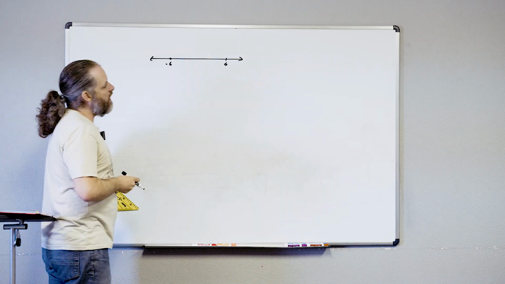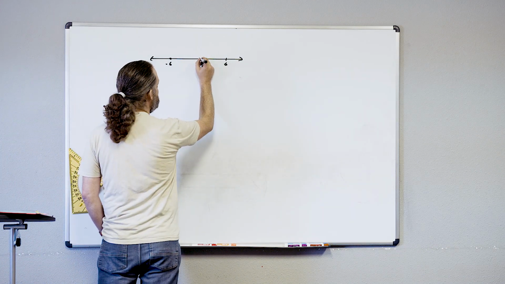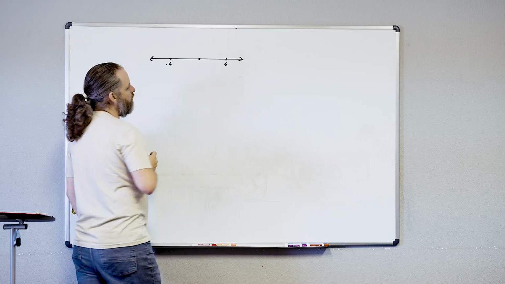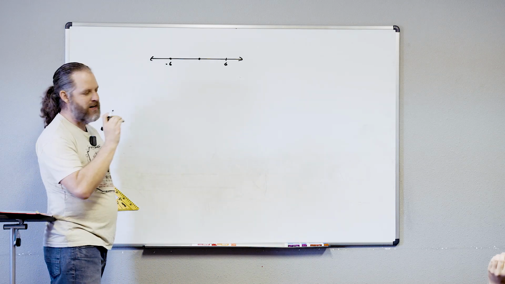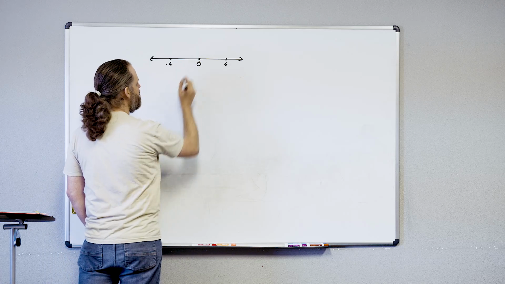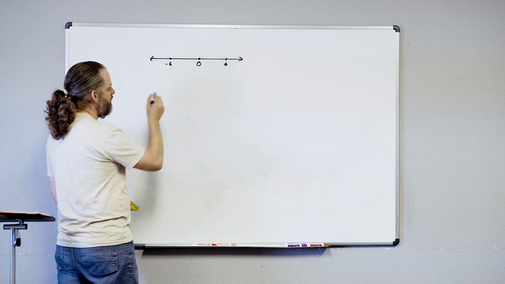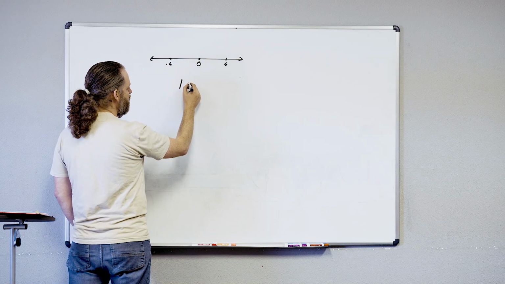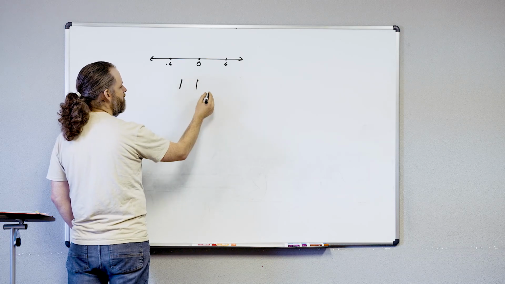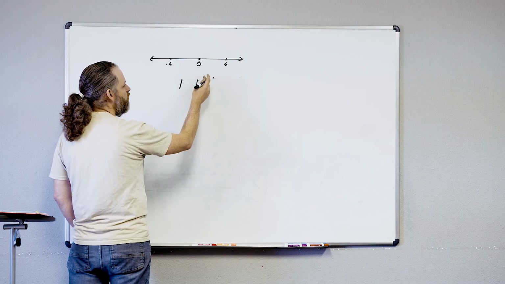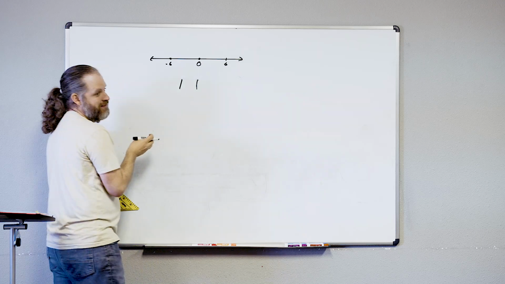Okay? So absolute value is distance from a point. So what is the middle of those two numbers on the number line? 0. So distance from 0, right? So the absolute value, now what distance from 0 in each direction? Distance is positive.